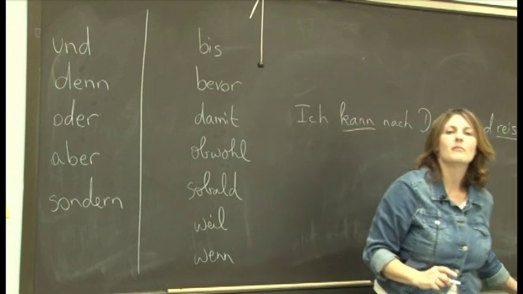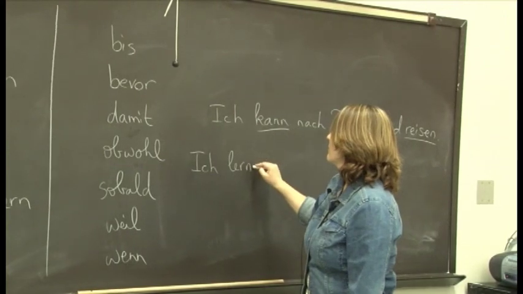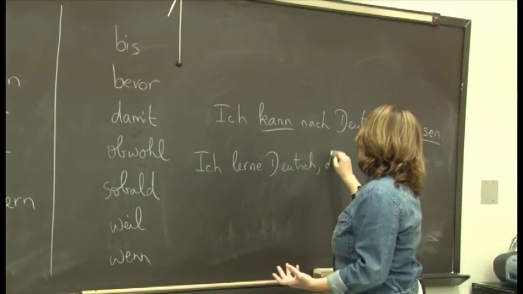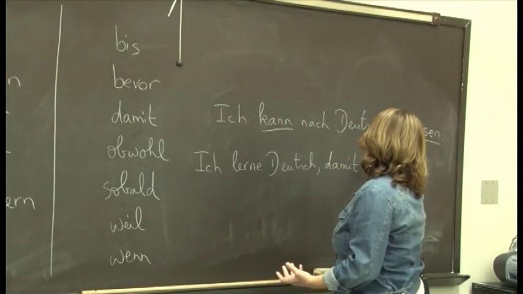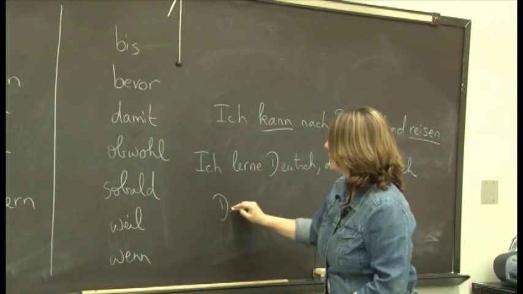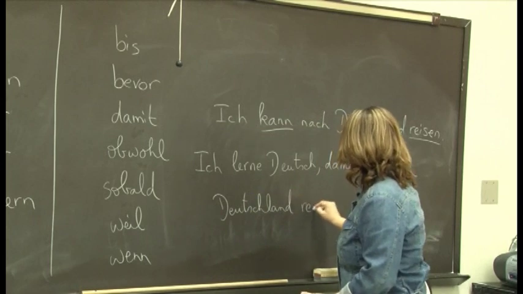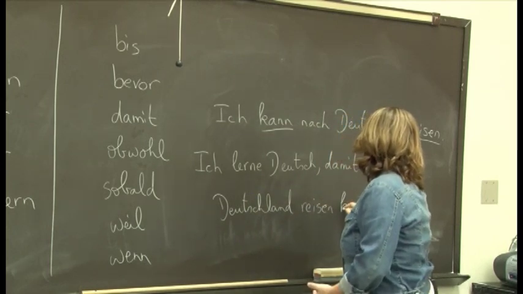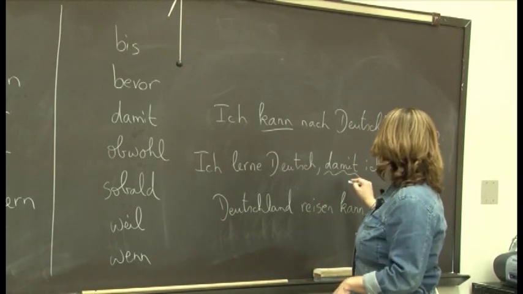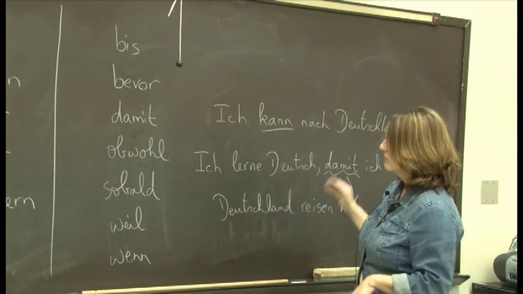Now I'm going to use damit, so that ich lerne Deutsch, I study German, damit ich nach Deutschland reisen kann. So this new conjunction here pushes the conjugated verb, the one that was second, to the end.